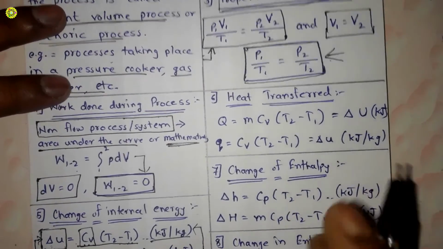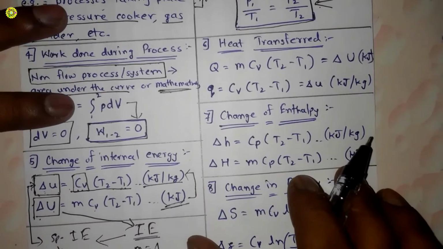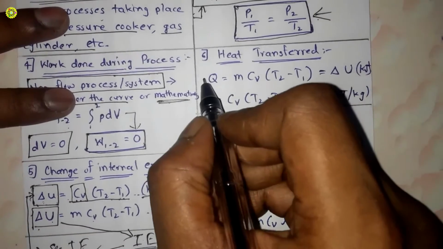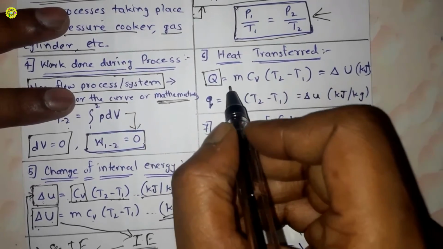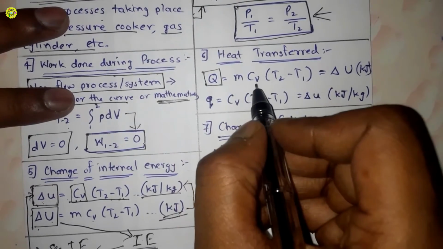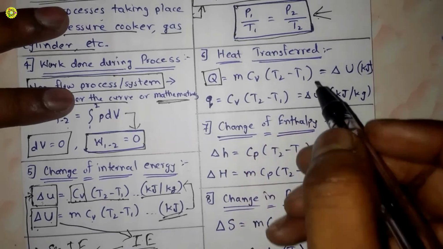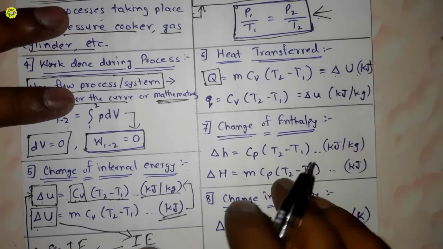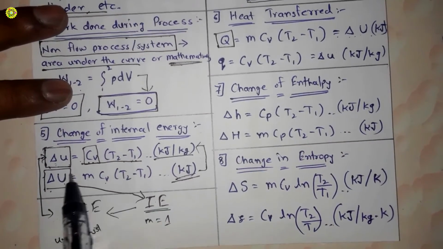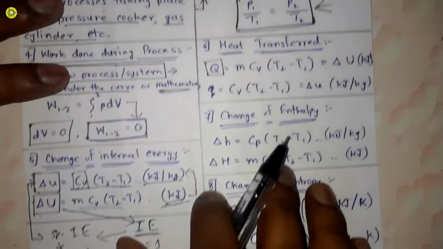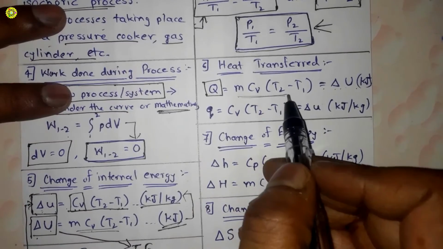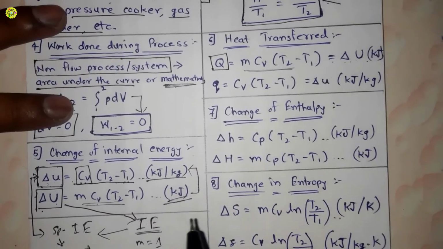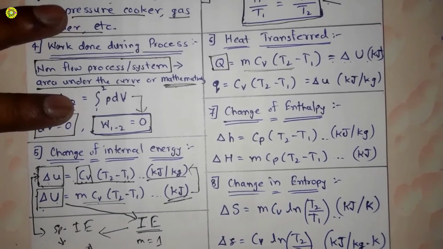Now we will calculate the heat transferred. Heat transferred is given by capital Q, which is equal to m Cv T2 minus T1, and this is equal to the change in internal energy. As we have seen, this is the same term and this is also the same term. So we can say Q, that is heat transfer, is equal to the change in internal energy.